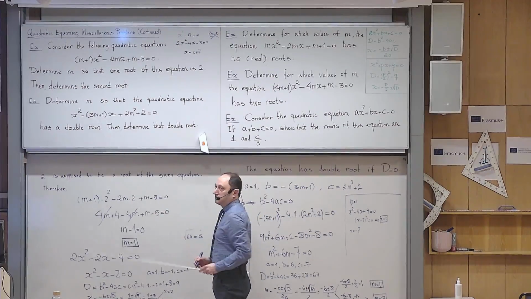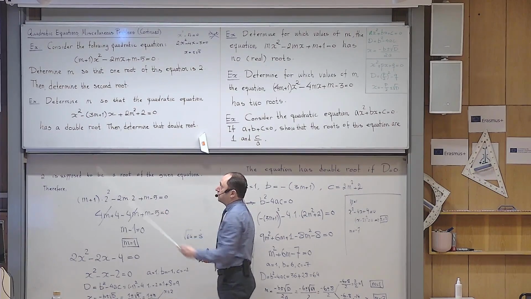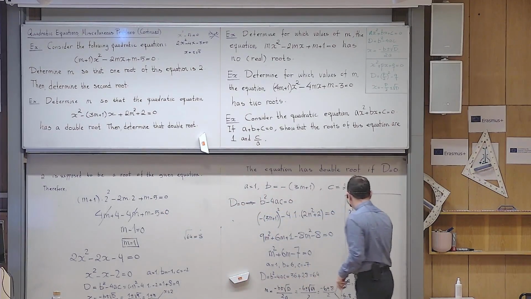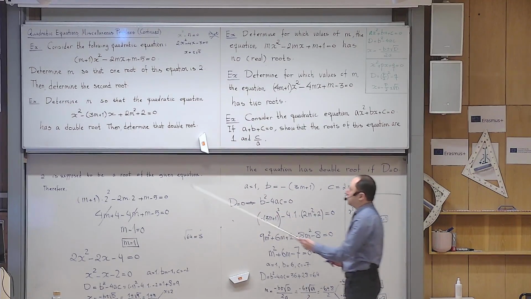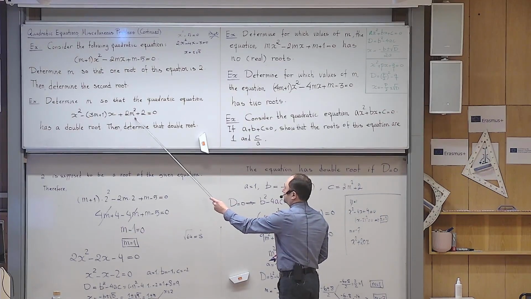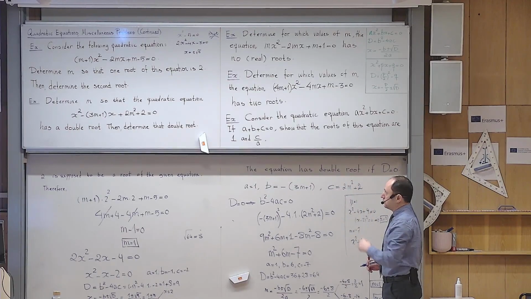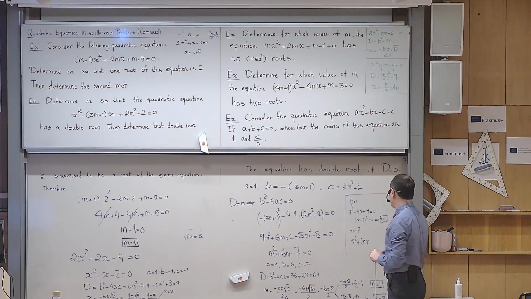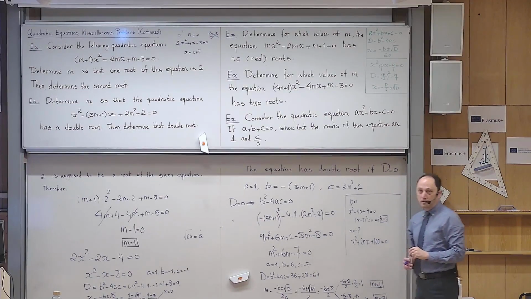Do it in your head. 3 times -7 is -21, plus 1 is -20. There is a minus sign here, so it's plus 20. So it becomes x squared plus 20x. And then I put -7 here. We have to do some calculations in our head. This -7 to the power 2 is what? 49, times 2 is 98, plus 2, very simple by the way, 100, equals 0.